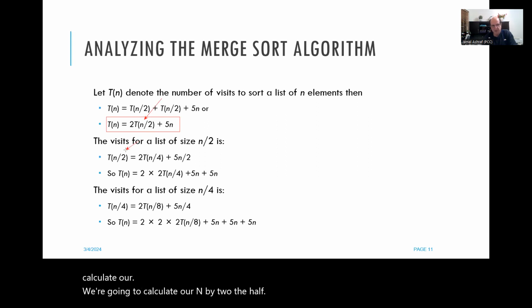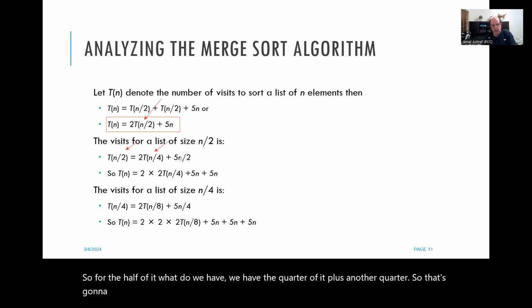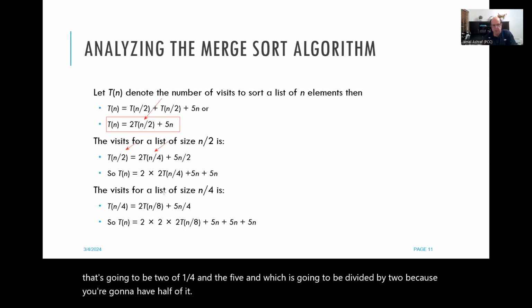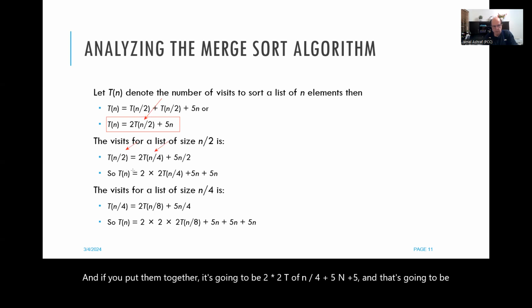For the half of it, we have a quarter plus another quarter, so that's 2 of a quarter, and the 5n is divided by 2 because you're going to have half of it. If you put them together, it's going to be 2 times 2T of n divided by 4, plus 5n plus 5n. That's going to be our T of n for this one.